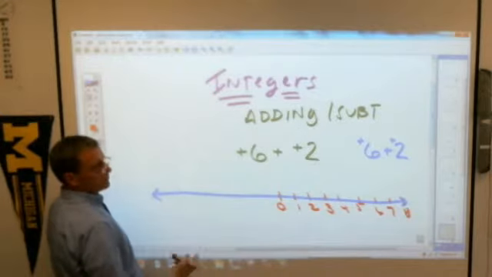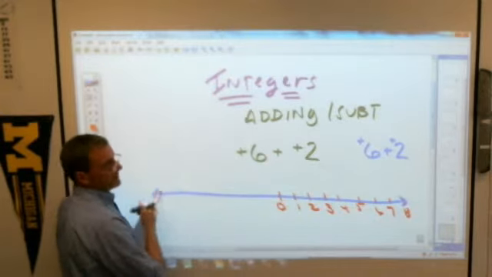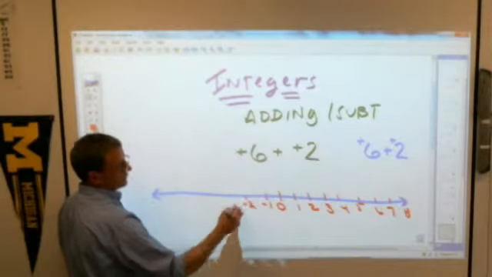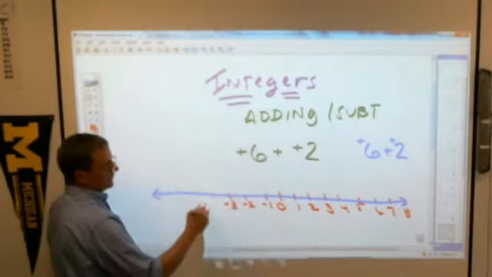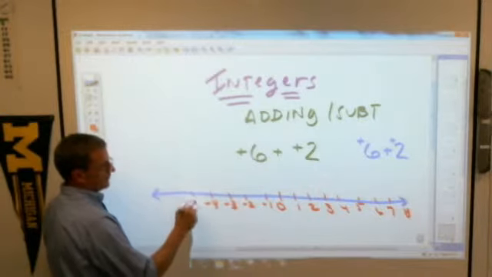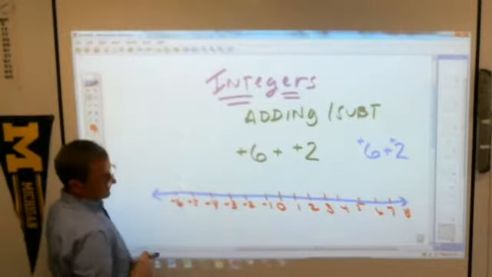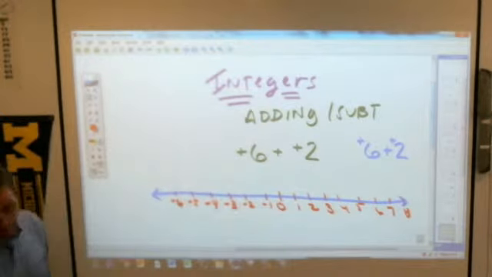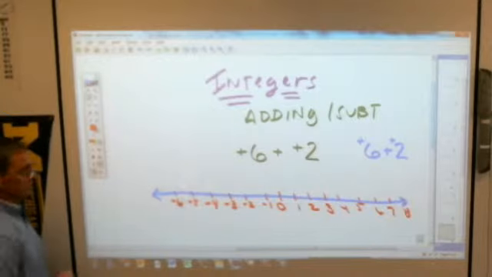But integers also include all the negative whole numbers. So we also have negative 1, negative 2, negative 3, negative 4, negative 5, negative 6. Integers are not fractions, there are no decimals, so you can be thankful that you don't have to deal with fractions and decimals right now.